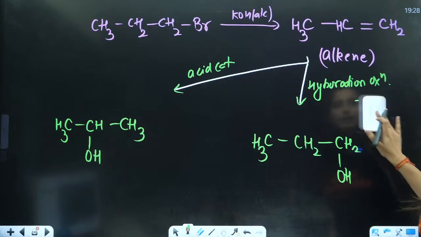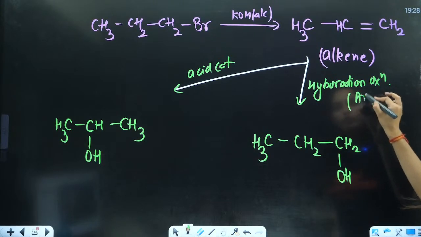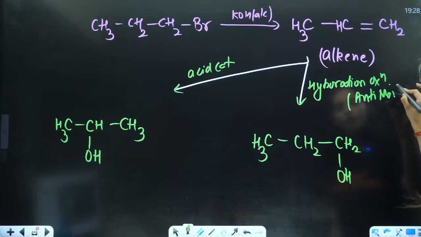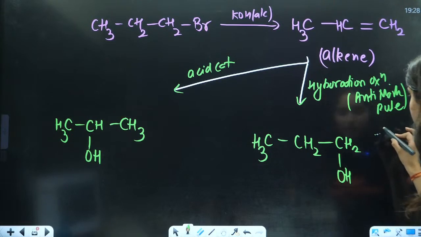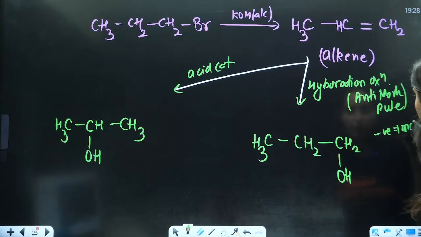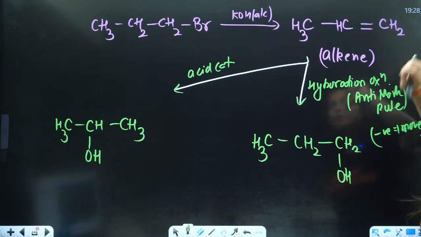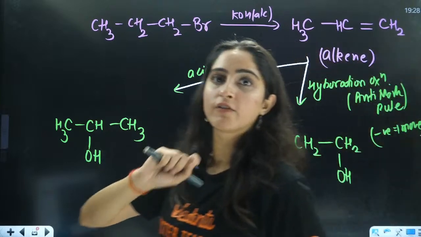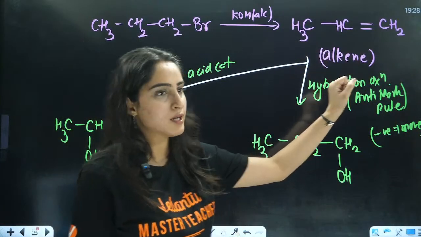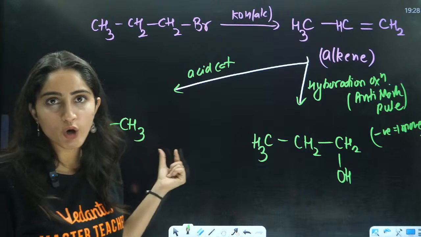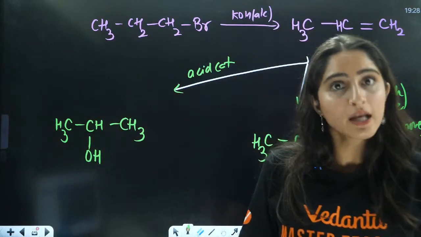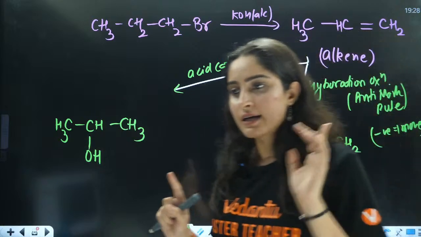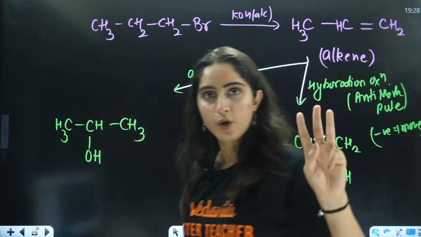You can write here anti-Markovnikov rule. Here don't say that Markovnikov rule is applied; just firstly make the carbocation, try to rearrange it, then attach OH negative, right? These are the 3 steps.